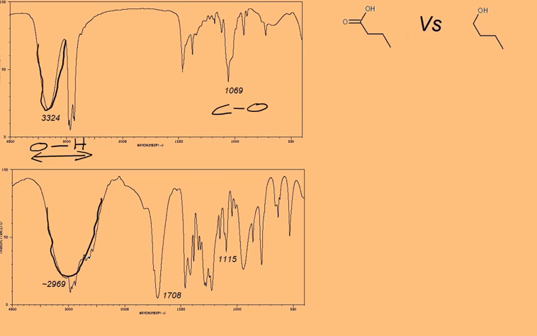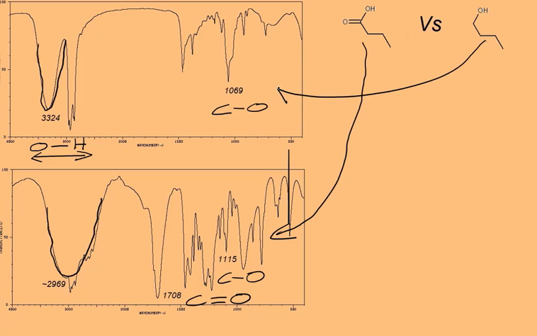The bond is less stiff. We also have the carbon to oxygen stretch, of course, down at 1115. And the one thing we don't see with the alcohol is a stretch at 1708, which is for the carbon to oxygen double bond itself. So once again, the carboxylic acid is the second one, and our alcohol is the first one.